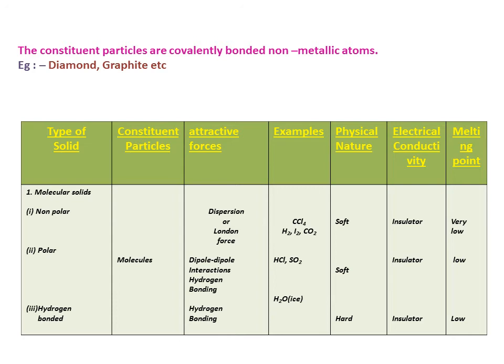What is the physical nature? It is soft. Why is it soft? Because the intermolecular forces are weak. Electrical conductivity, it is a bad conductor of electricity. Melting point is very low. Okay, number two, it is the polar.